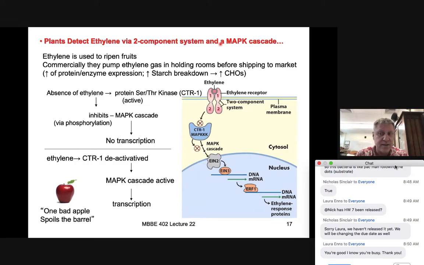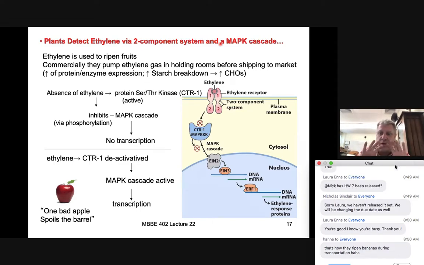We understood this very early in regards to fruit ripening. So the old saying that one apple spoils the barrel actually holds, because that spoiling apple produces ethylene gas, which causes the other fruit around it to ripen and go bad.